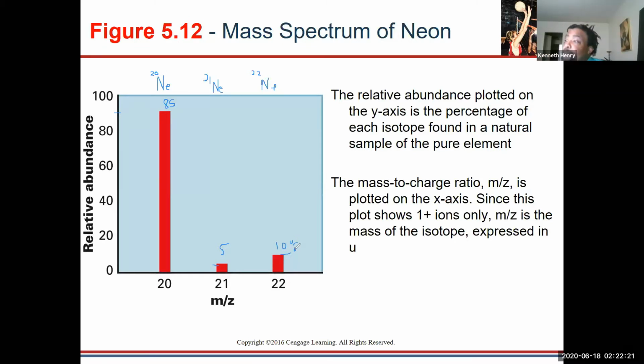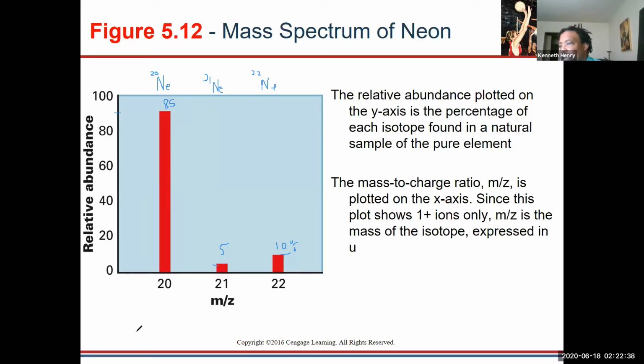So to get the mass or the atomic mass, what we would do is take all of them into consideration. This represents like 85% of what we have. This represents 5% of what we have. And this represents 10% of what we have.